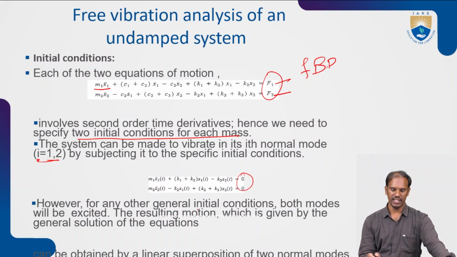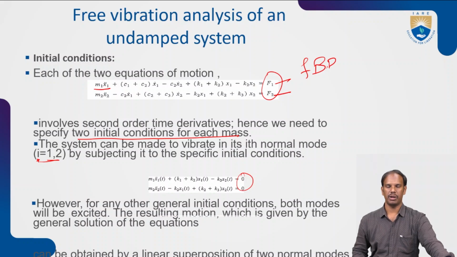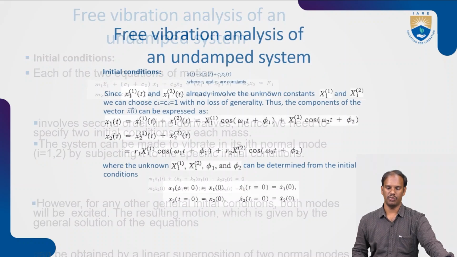However, for any general initial condition, both modes are excited and the resulting motion is given by this general equation. It can be obtained as a linear superposition of these two normal modes.